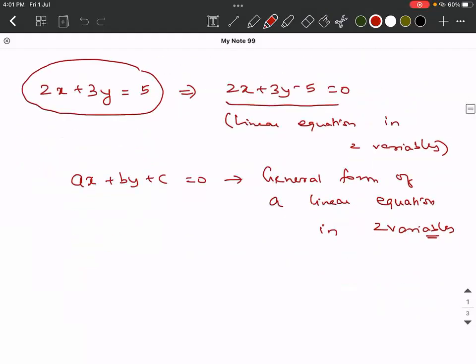For example, if I give you 2x plus 3y is equal to 5, 3x plus 5y is equal to 7, will I be able to find a solution for it? I'm saying find a solution for both the equations simultaneously. That's called simultaneous.